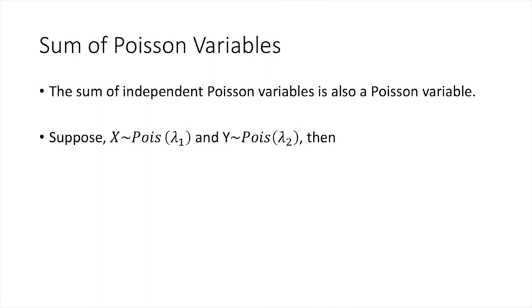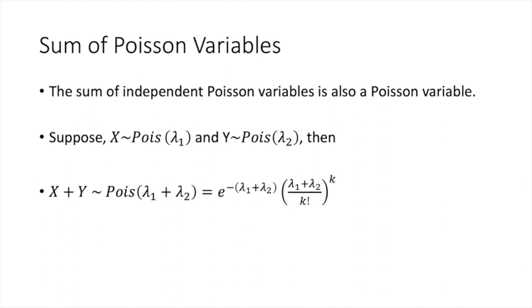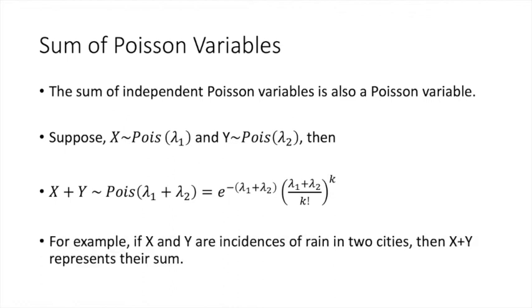Suppose x and y are Poisson variables with lambda values lambda 1 and lambda 2. Then x plus y is a new Poisson variable and its rate of success equals the sum of lambda 1 and lambda 2. For example, if x and y are Poisson distributed incidences of rain in two cities, then x plus y is their sum.